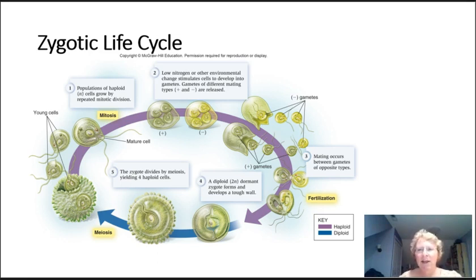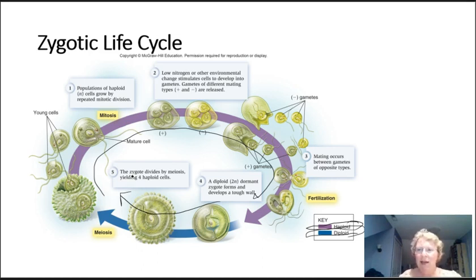Let's take a moment to look at some of the more subtle details in this diagram. For instance, this diagram clarifies which are the haploid life cycles, so this is haploid, and which are the diploid part of the life cycle.